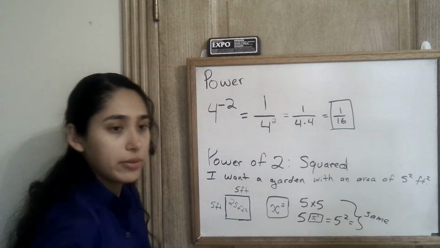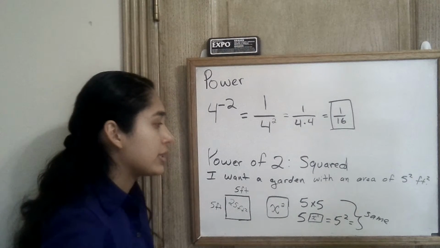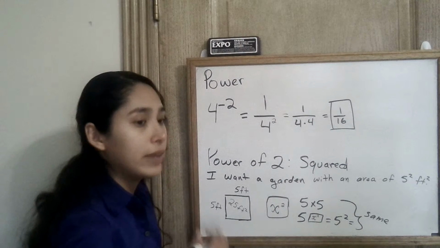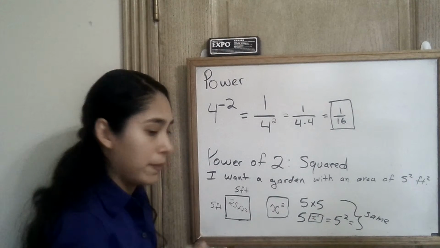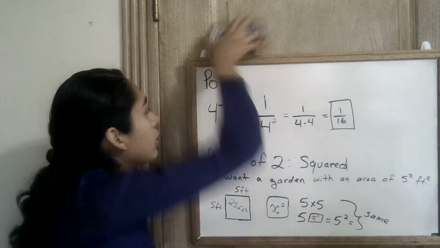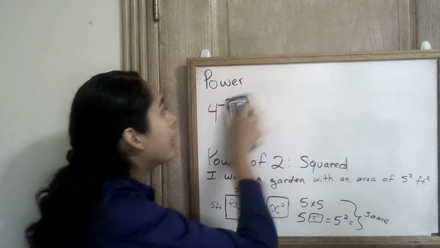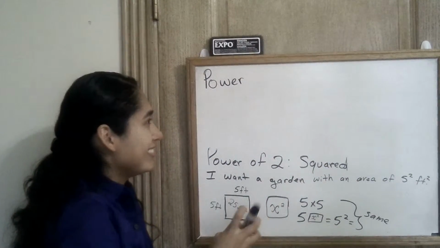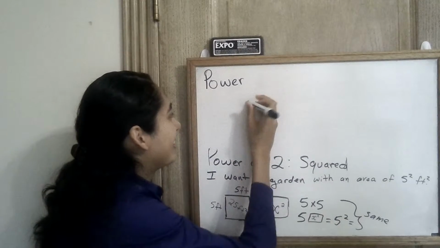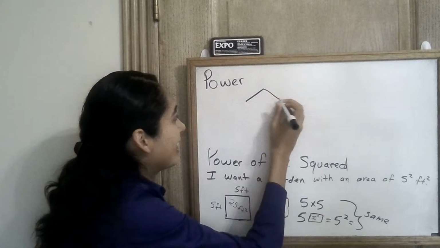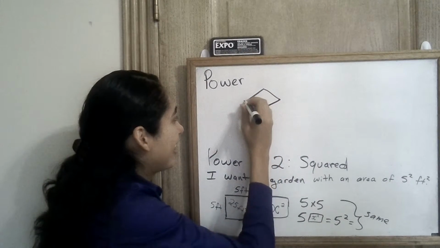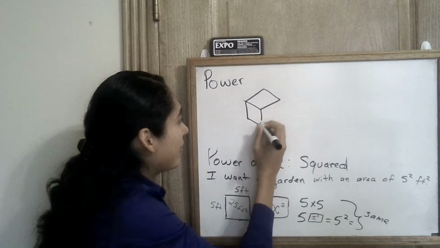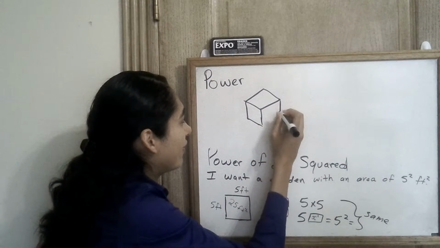5 times 5, 25. Now let's say I wanted to make an elevated garden bed. This is where my drawing skills become much more taxed. So let's say I'm making a compost pile.